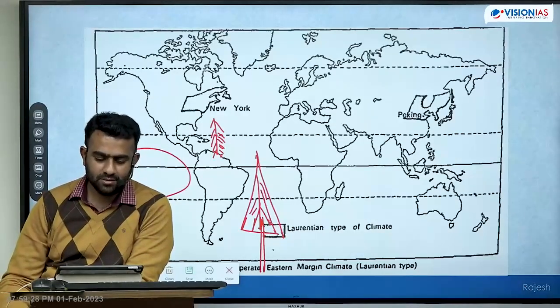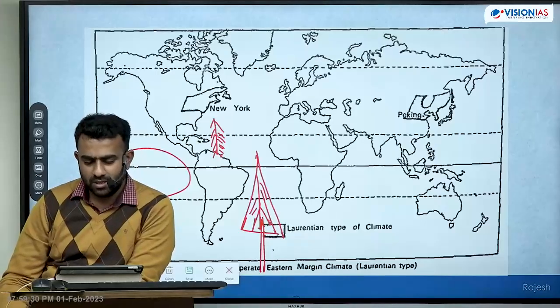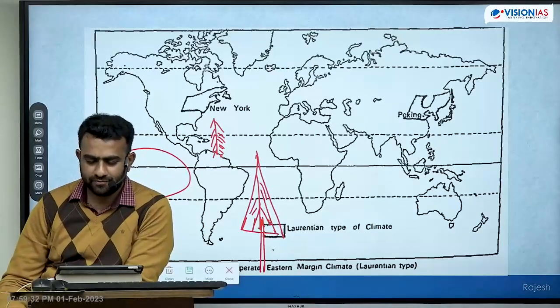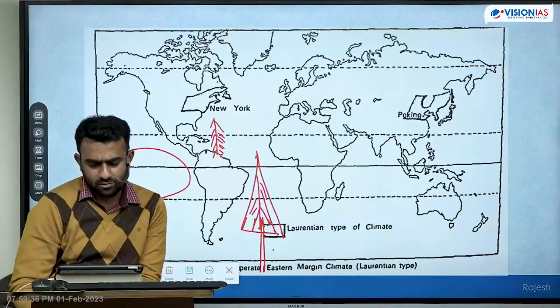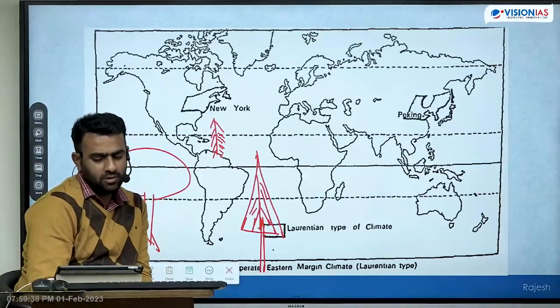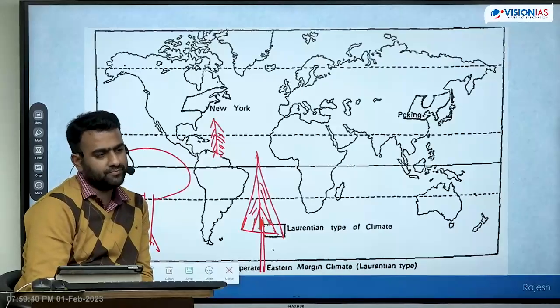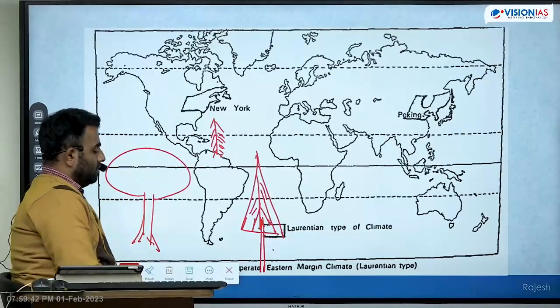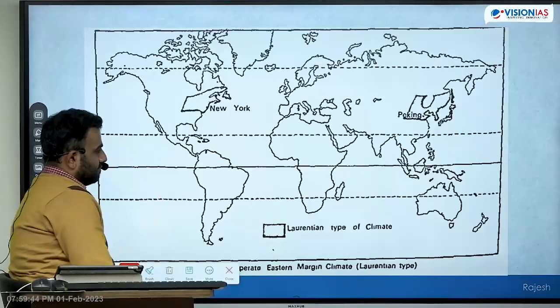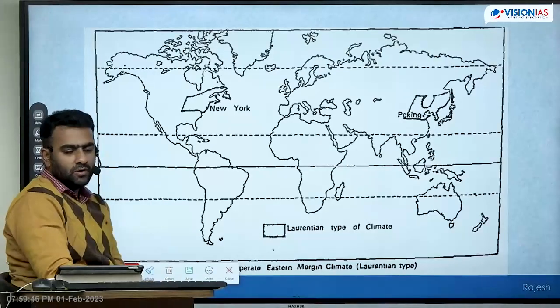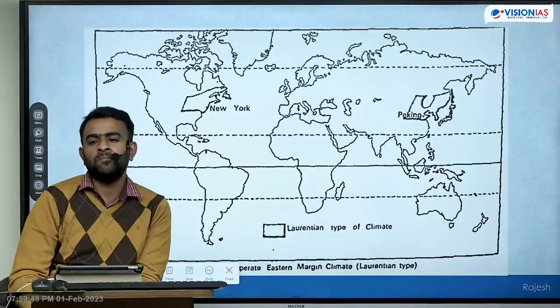Regions. Eastern Canada, Northeast USA, including our famous New York. New York comes under Laurentian type of climate. ठीक है.